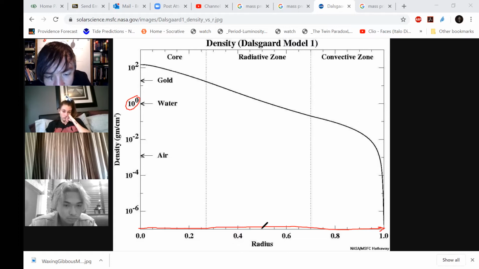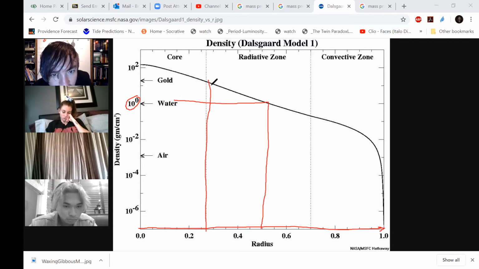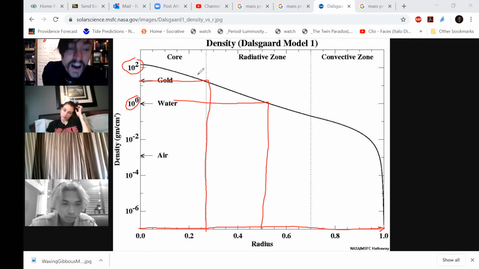When I get to about half the radius of the star, it's basically gotten up to the density of water. But once I get to the inner 20% or so, where we enter the core of the star, the density suddenly goes up to maybe 20 grams per cubic centimeter. And at the central core, the density is 100 grams per cubic centimeter or more.